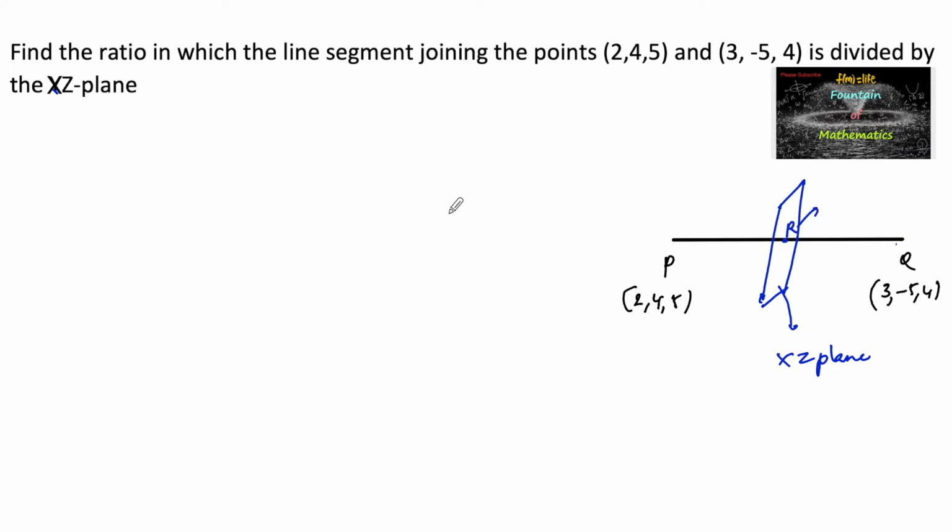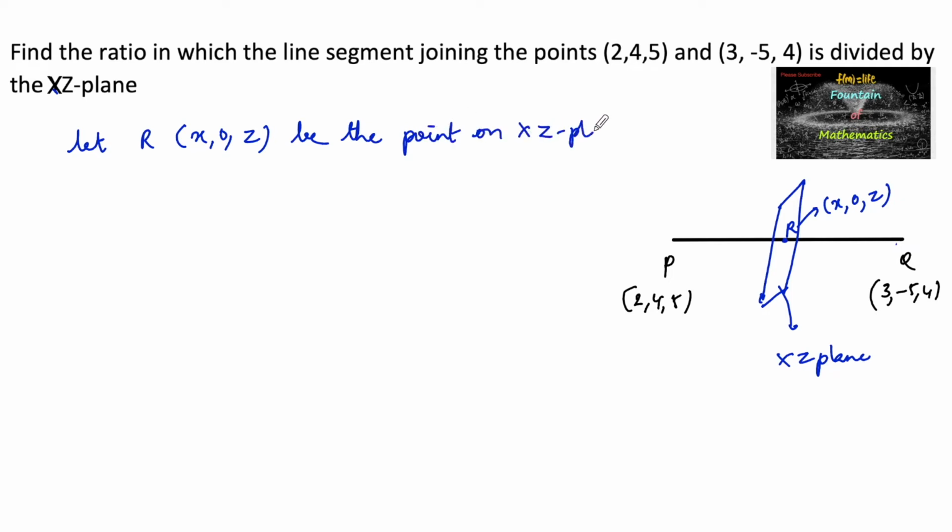And we know that in XZ plane, the points will be of the form whose y coordinate will be 0, say x comma 0 comma z. Let R x comma 0 comma z be the point on XZ plane which divides the line segment PQ.